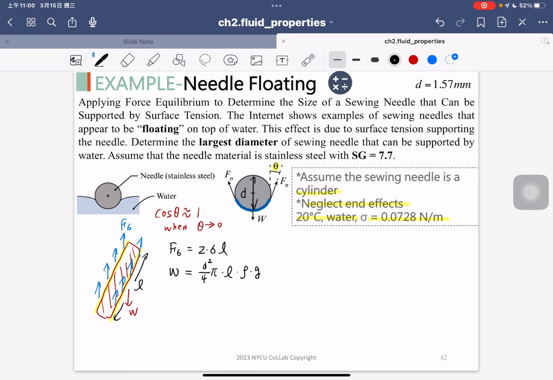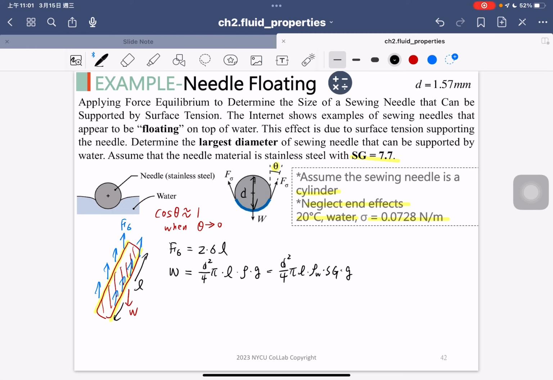If we didn't know the needle density, but we have the specific gravity, 7.7. So we can rewrite the equation as pi D squared over 4 times L, and the density can be rewritten as the water density multiplied by the SG value, and multiplied by the gravity. Because the SG is defined as the ratio of the specific material density divided by the water density.